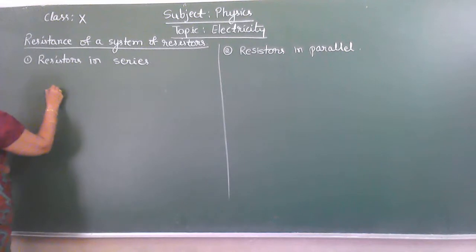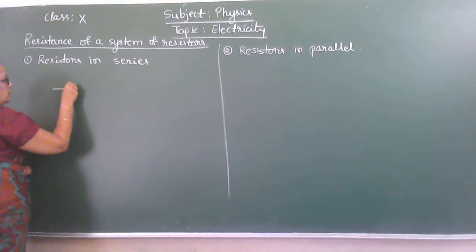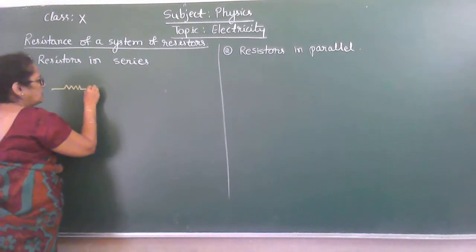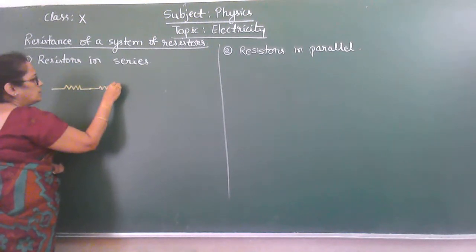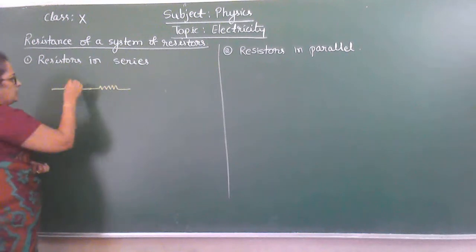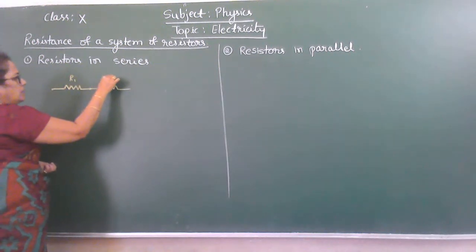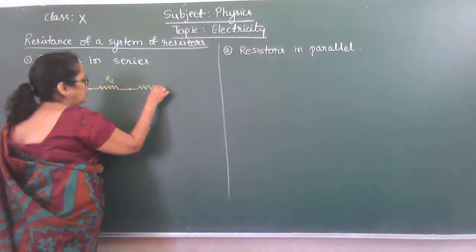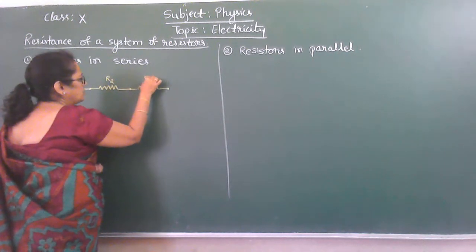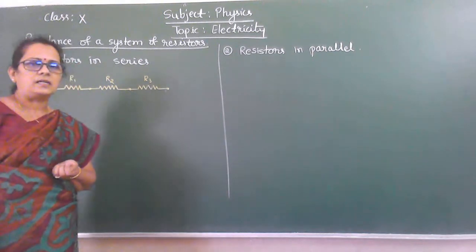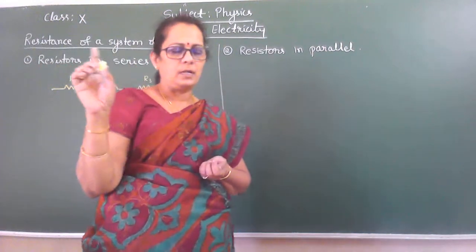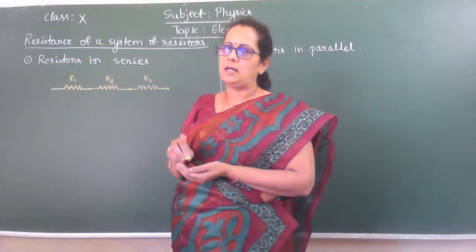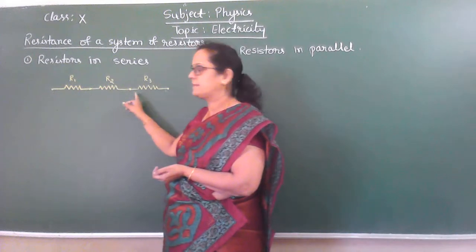See, this is one resistor, and another one, R2, and then R3. These are the three resistors taken one end to another end, and these three are in series.